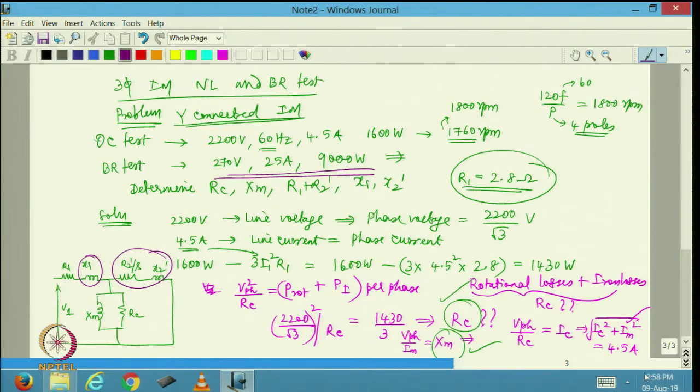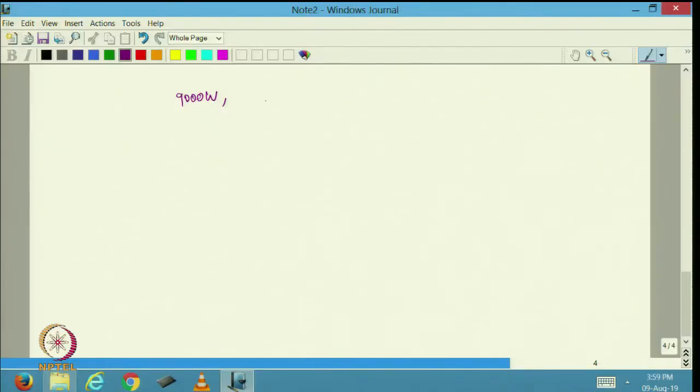Let me look at the blocked rotor test data again. Let me write it down on the next page. That was 9000 watts was the power, 270 volts was the voltage, and 25 ampere was the current. This is the data of the blocked rotor test. So, I can say very clearly per phase loss is equal to 3000 watts, because 9000 divided by 3.